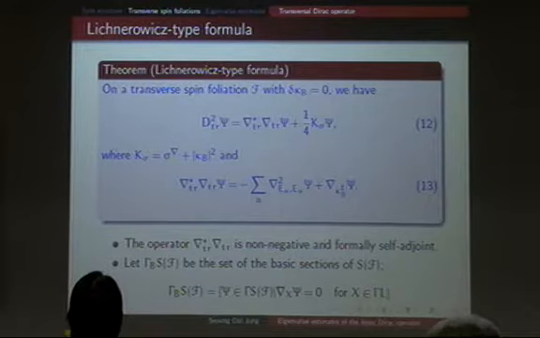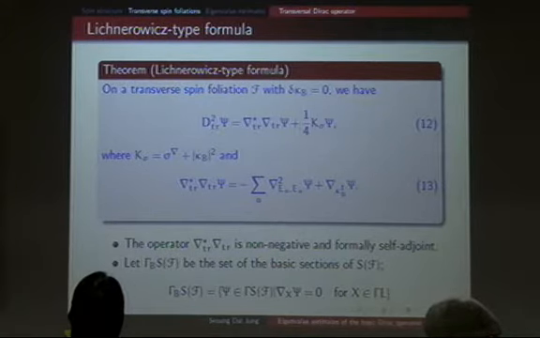So we have a Lichnerowicz-type formula for the transversal Dirac operator. On a transverse spin foliation with delta kappa closed, we have this equation. At first, Campbell assumed just that kappa_B is closed, which is proved, but delta kappa_B is not.